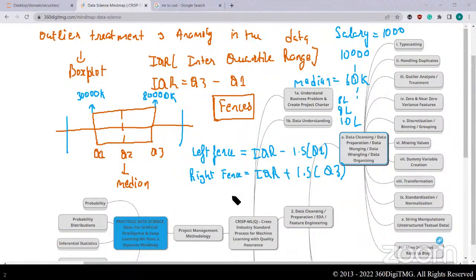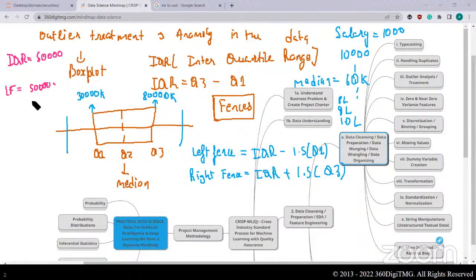So IQR in this context would be 50,000. Then we calculate the left fence. That would be 50,000 minus 1.5 of 50,000.